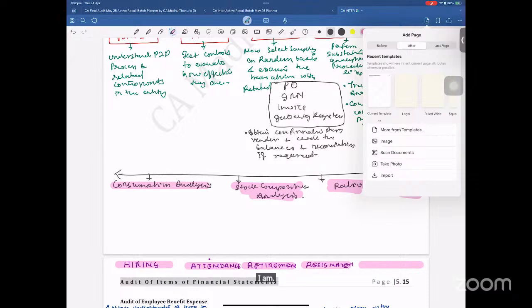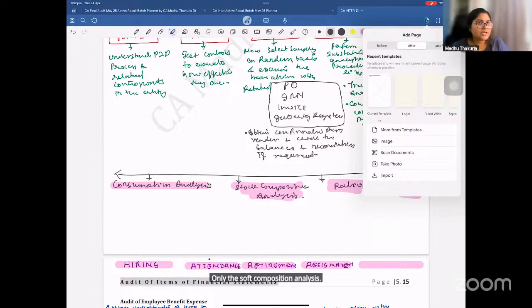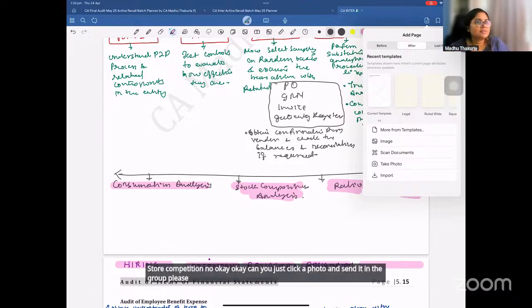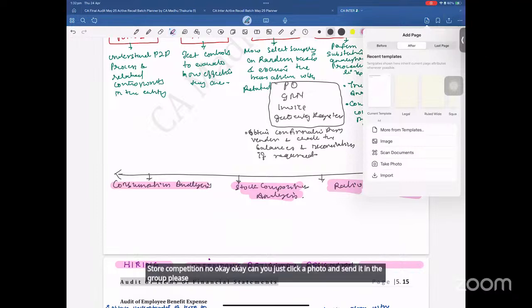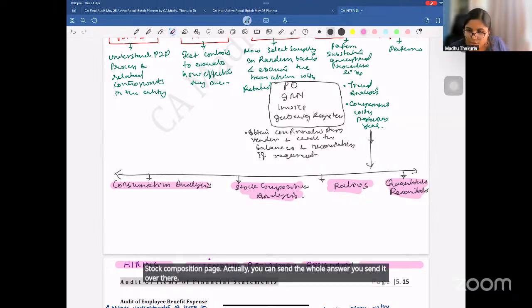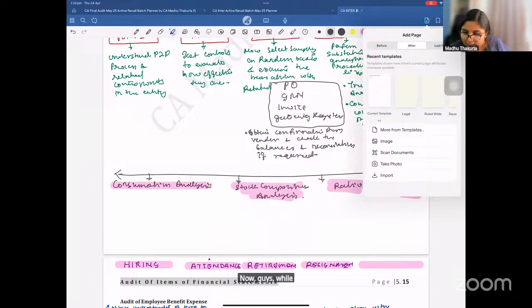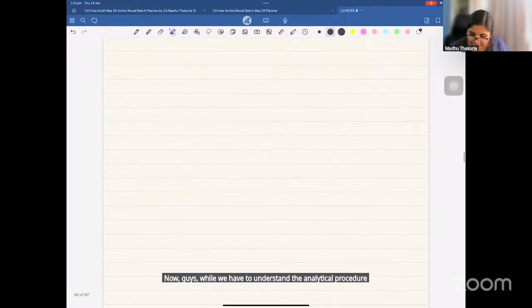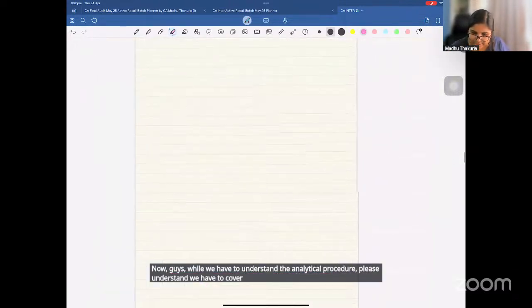Only the stock composition analysis. Okay. Can you just click a photo and send it in the group, please? Actually, you can send the whole answer over there. Now, guys, while we have to understand the analytical procedure, please understand we have to cover some of the assertions here.